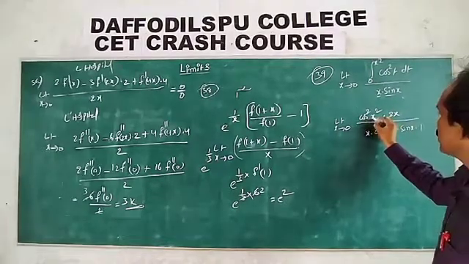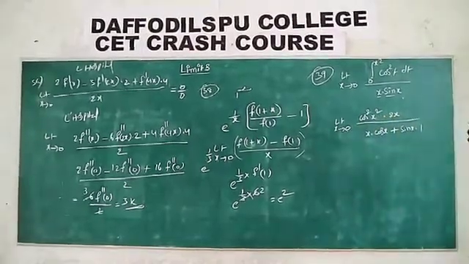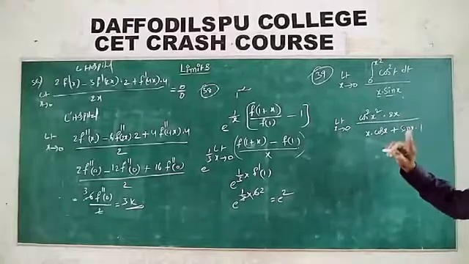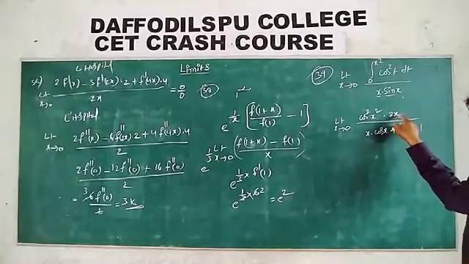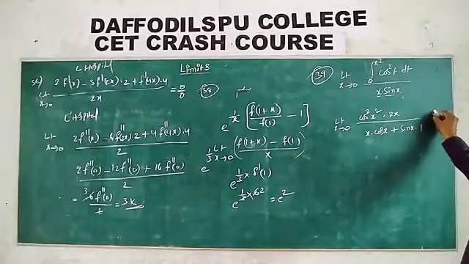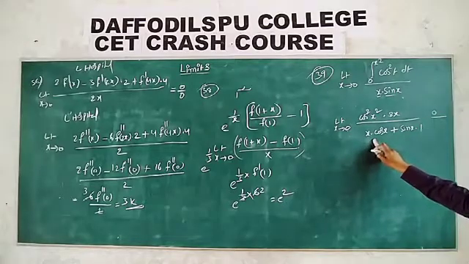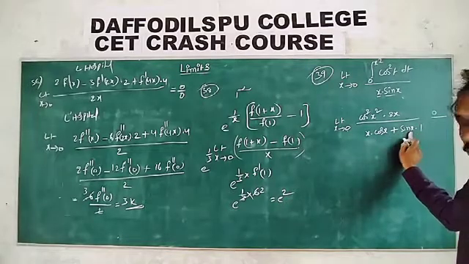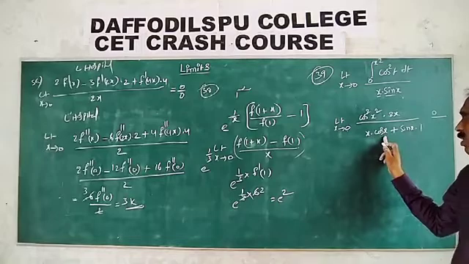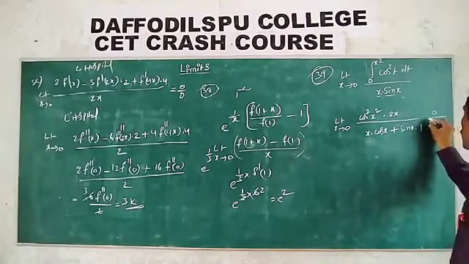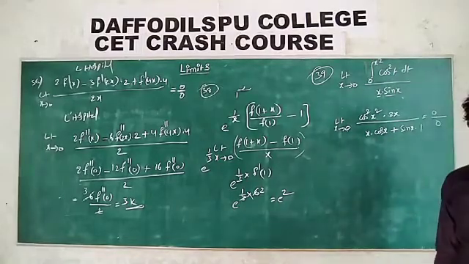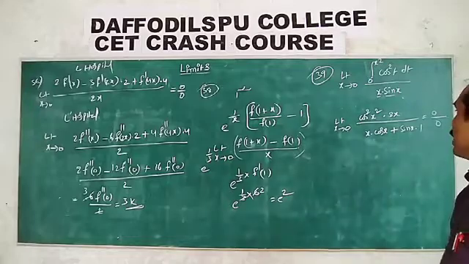Now x tends to 0. Now we take cos 0 value 1 and 2 into 0 value 0, 0 into something is 0. So this is 0 divided by, and sin 0 value 0, cos 0 value 1 into 0. So this is also an undetermined form. Again apply L'Hospital rule.